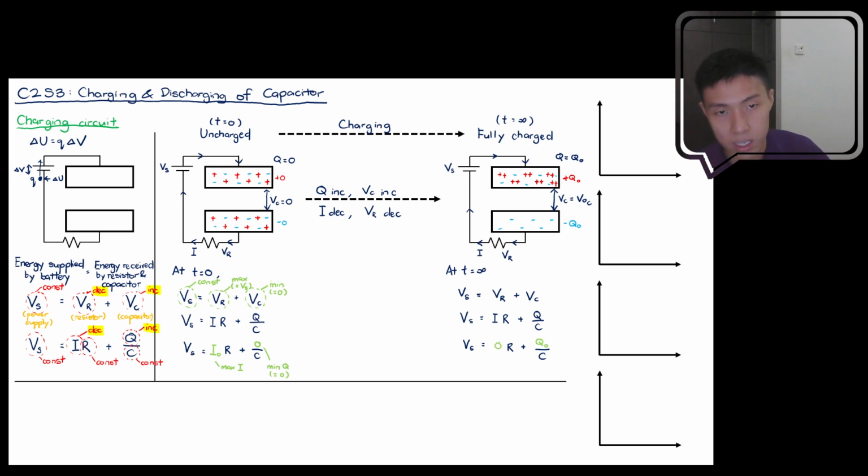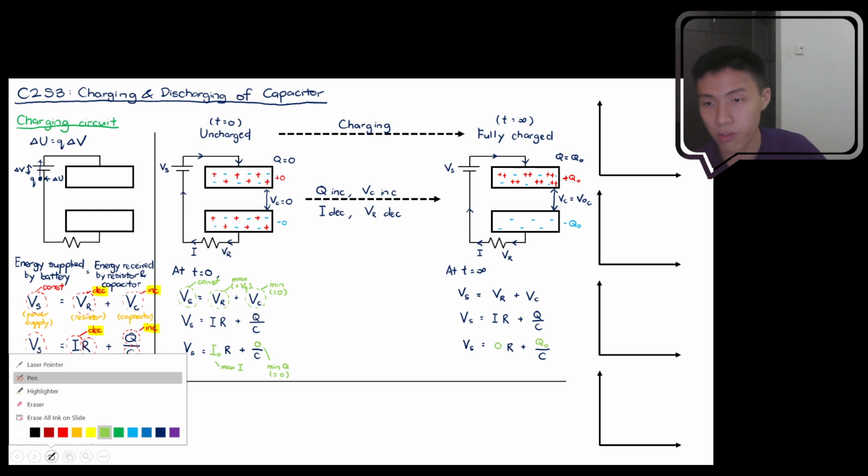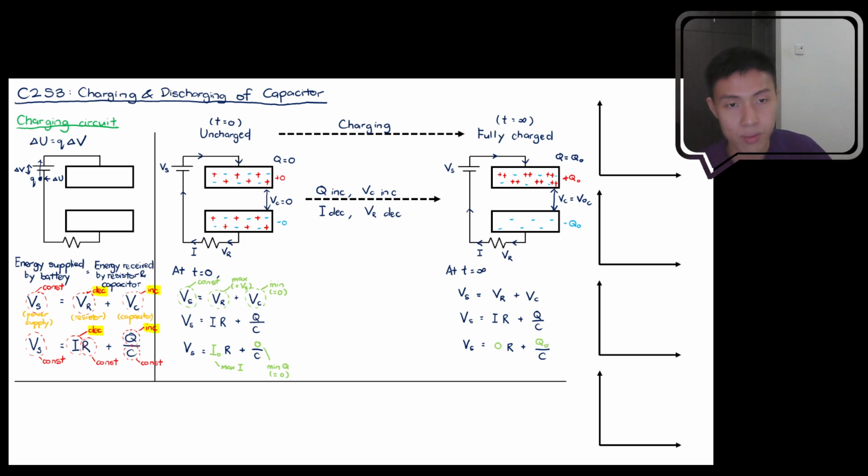Again, why is it? Let's go through the sequence of understanding once again. First of all, you have a maximum charge. Your maximum charge causes your VC over here to reach its maximum.